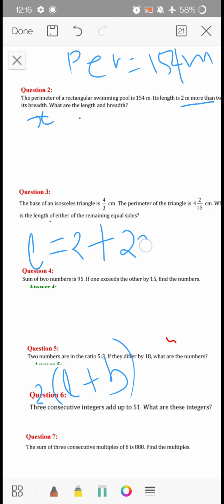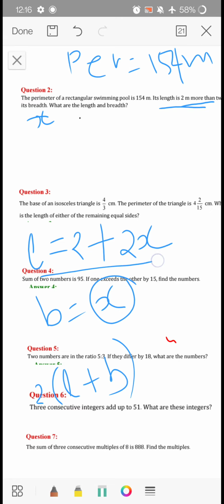Because I don't know the breadth, I have supposed it x. So by reading this sentence, I came to know about the length. We have supposed that breadth is x, and from this breadth I got the length, that is 2 plus 2x. You have to find out the length and breadth.